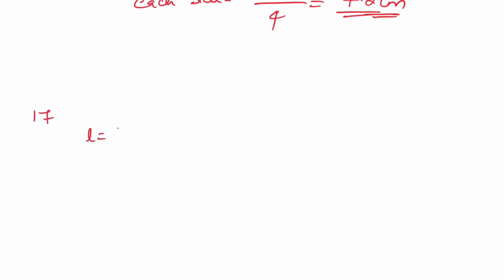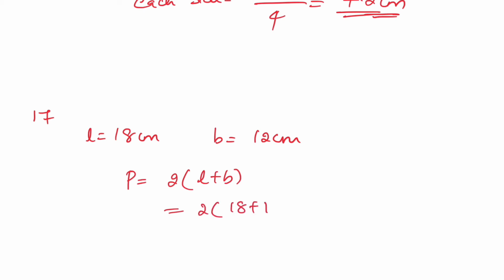Question number 17. A rectangle with length 18 cm and breadth 12 cm has the same perimeter as that of a pentagon. Find the length. So first we will find the rectangle perimeter, 2 into (L plus B).